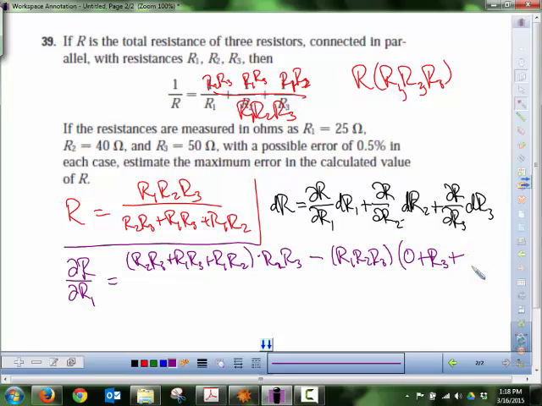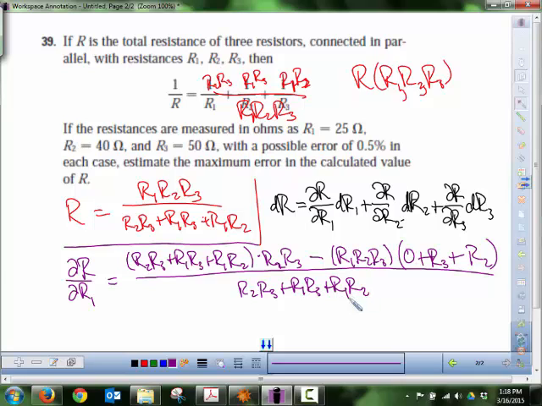Derivative of R1, R2. So that's the numerator part of the quotient rule. Divide by R2, R3 plus R1, R3 plus R1, R2, quantities squared. That's it.